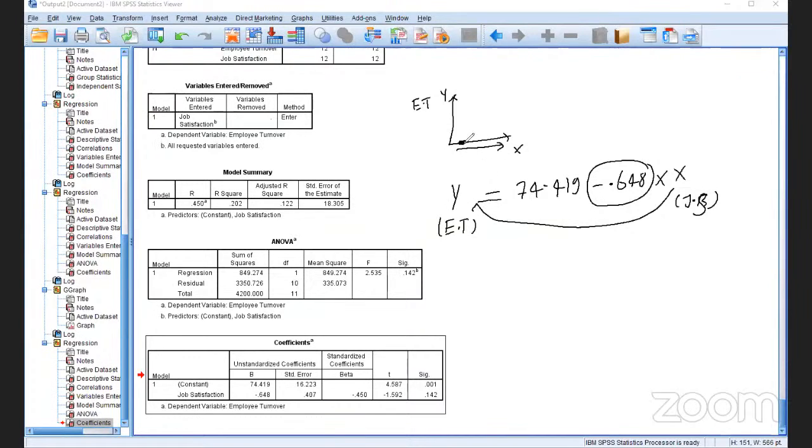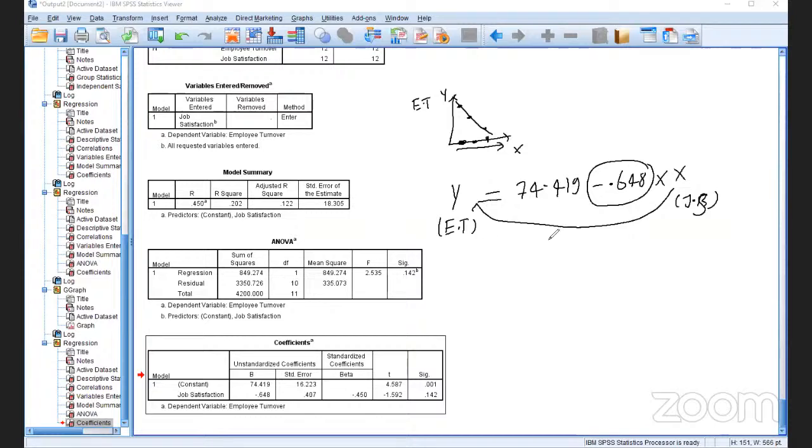Less job satisfaction means high employee turnover. When job satisfaction increases, employee turnover reduces. So there is a negative relationship between the two variables.